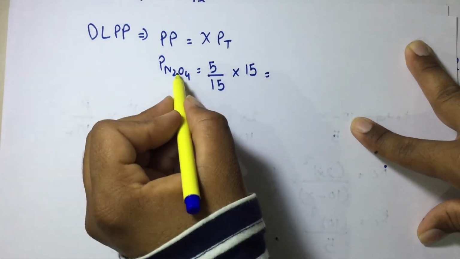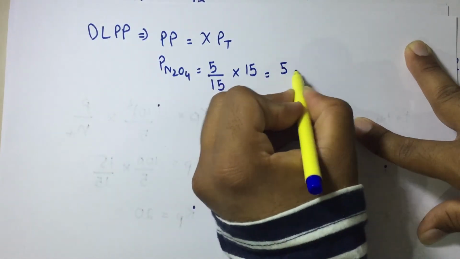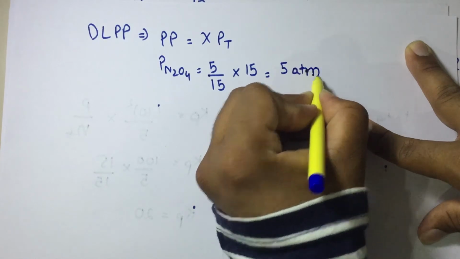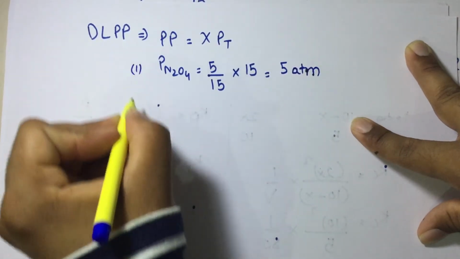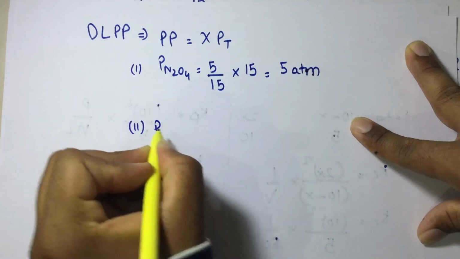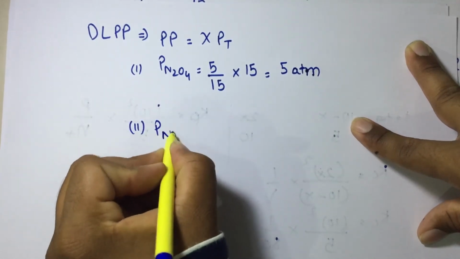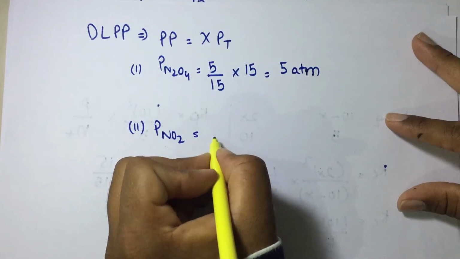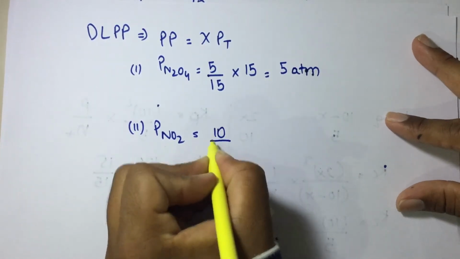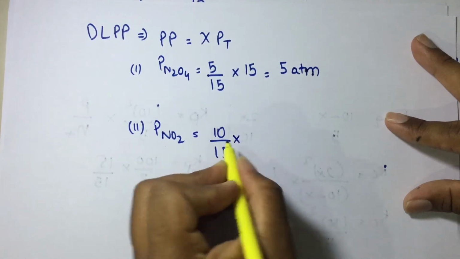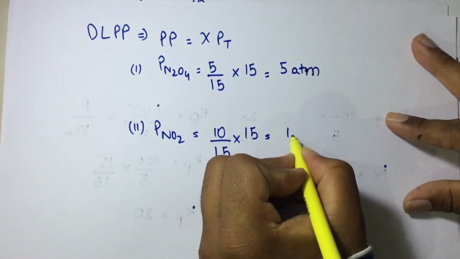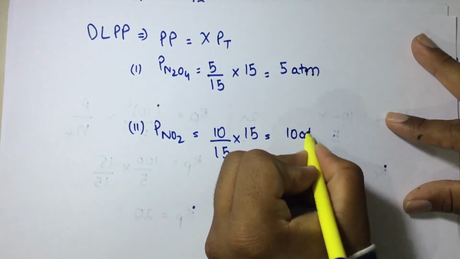So the pressure of N2O4 is 5 atm. Now we find the pressure of NO2. Number of moles of NO2 is 10, divided by total number of moles 15, into total pressure 15. It comes out to be 10 atm.